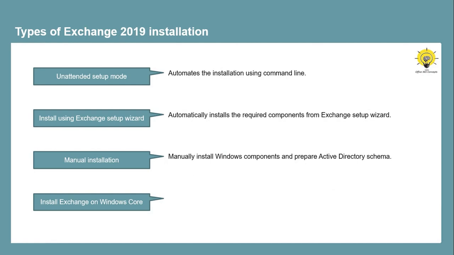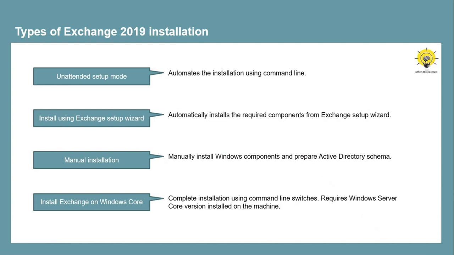In this type of installation, we do not have the option to install Exchange using GUI. Everything will be managed and configured through command line switches. Moreover, this would require Windows Server Core version installation on the machine where you want to install Exchange 2019.